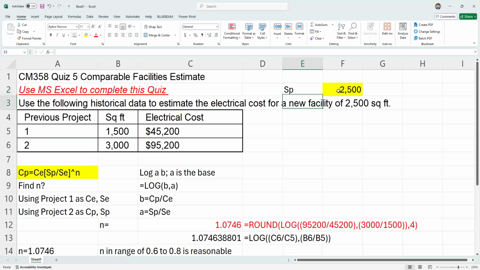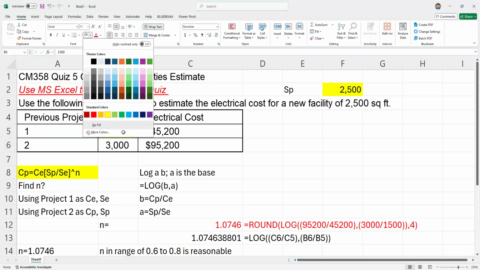And this is the size of maybe a node. This is not the size of your proposed. You used it before to get the n. In this case, this is the size of your proposed, right?